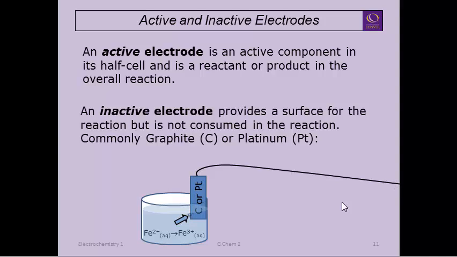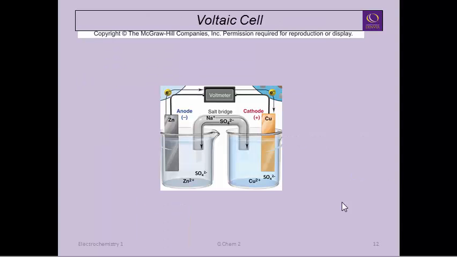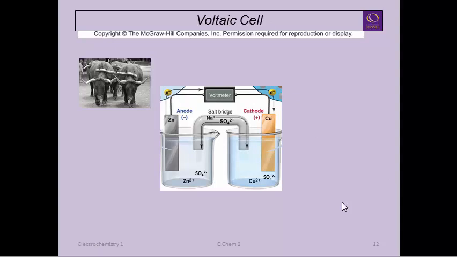That's called an inactive electrode. For general chemistry 2 applications, you'll predominantly focus on using graphite carbon or platinum metal. So just some other definitions.